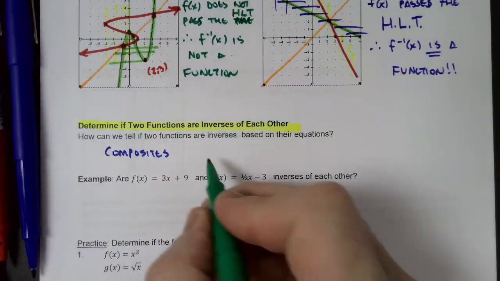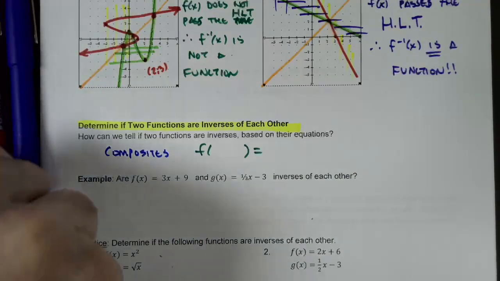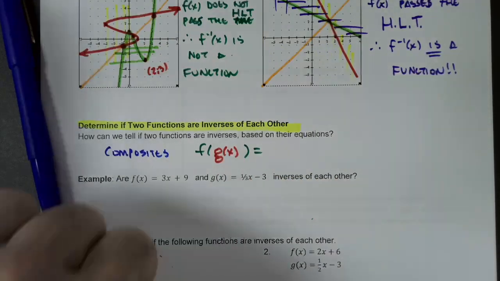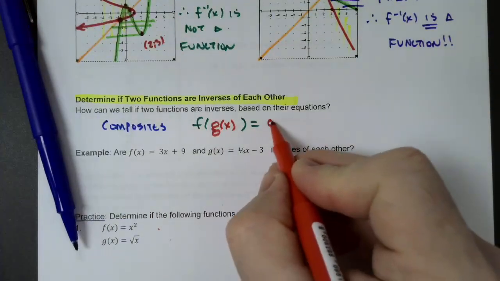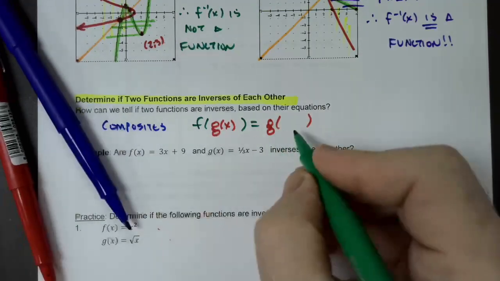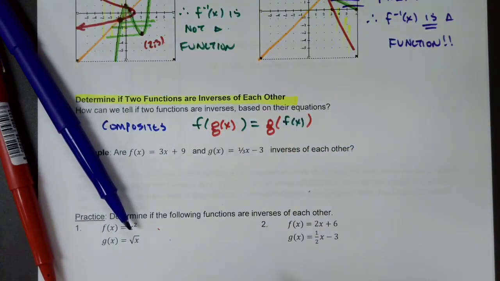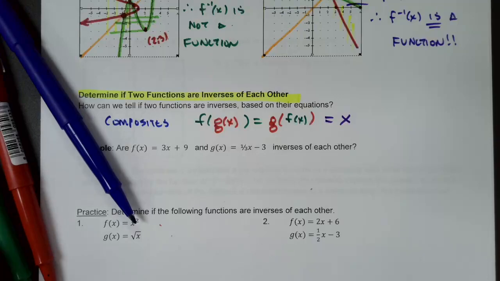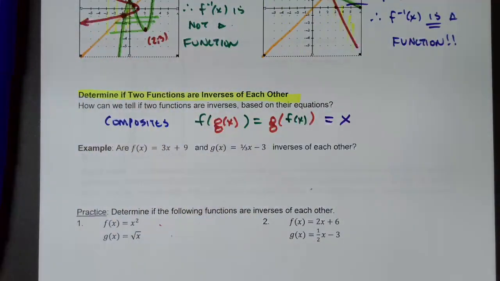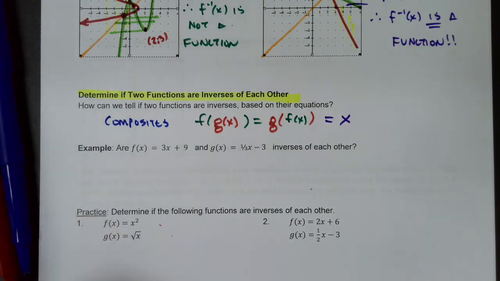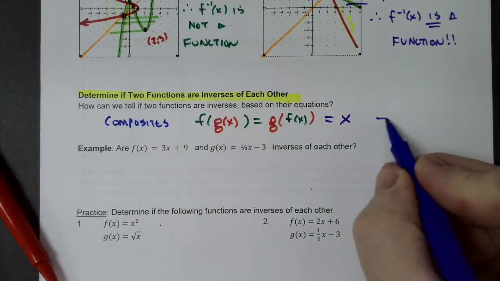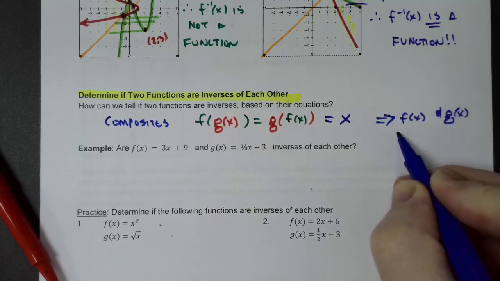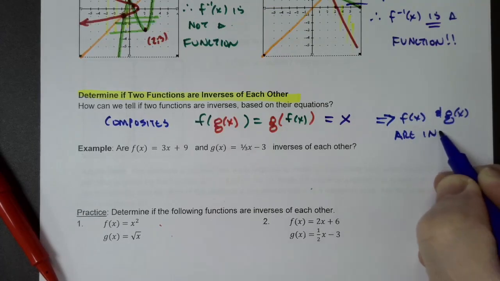That is, we can do f of g of x and that should equal g of f of x, and both of those will give us x. If this is true, then we know for sure that f of x and g of x are inverses of each other.